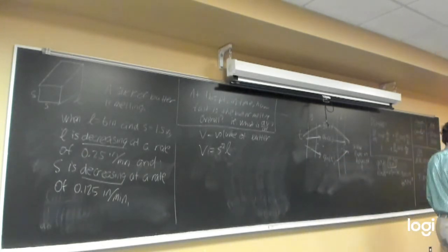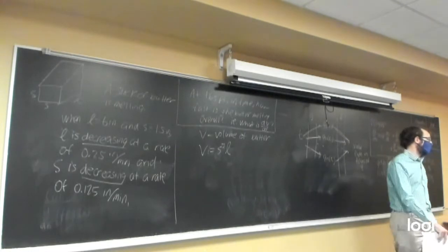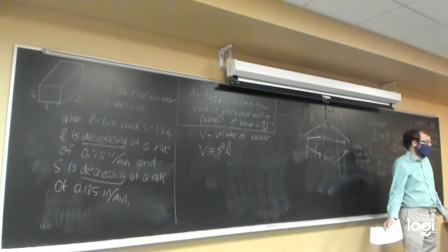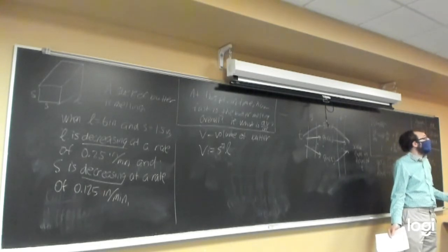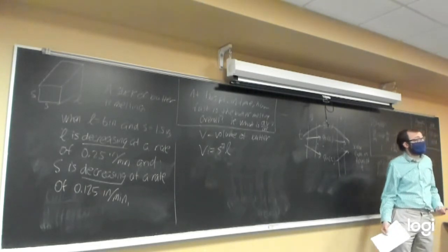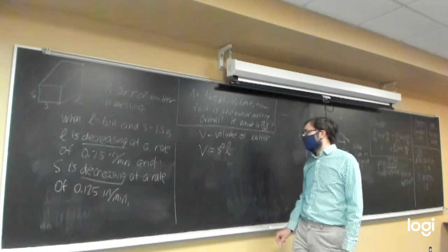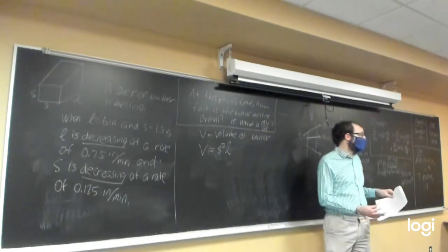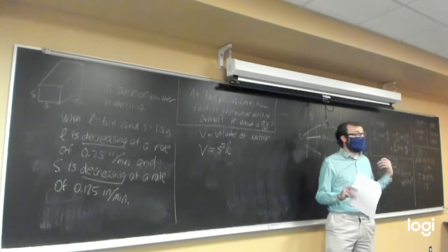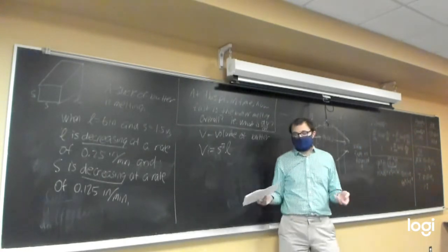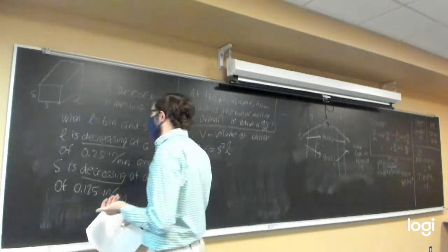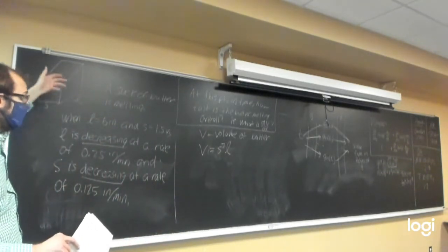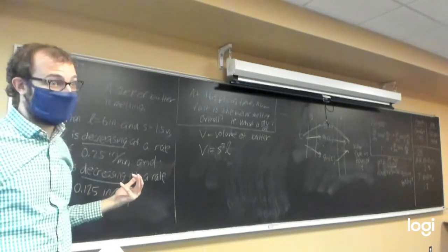It's not just going to be so simple as to differentiate that with respect to t, because I don't see any t showing up in that expression, at least not the way it's currently written. We could write it to say that as time moves on, S, L, and V are all going to be changing. Meaning, as the stick of butter melts, S is going to be getting smaller, L is going to be getting smaller, and V is going to be getting smaller.